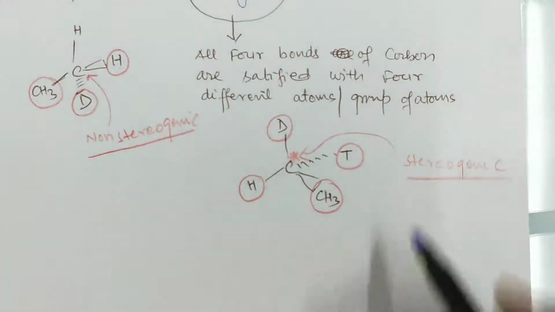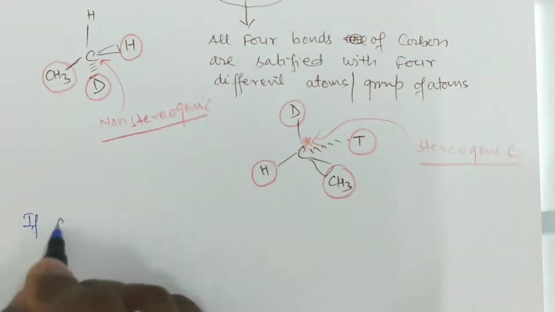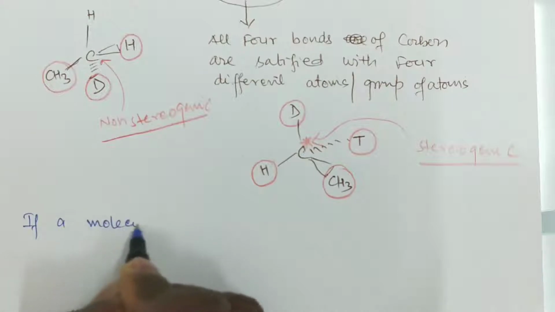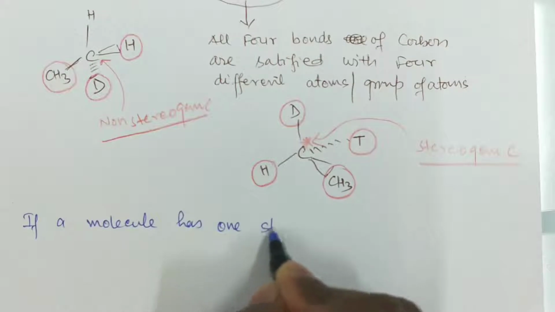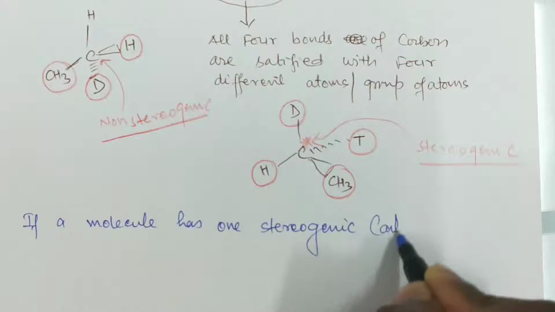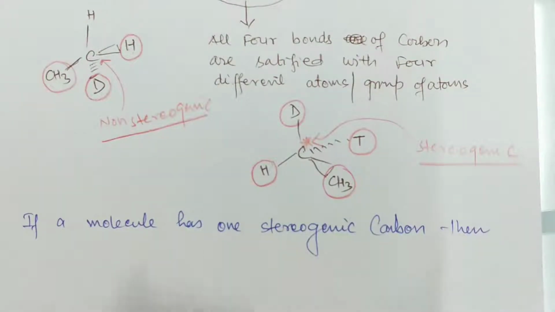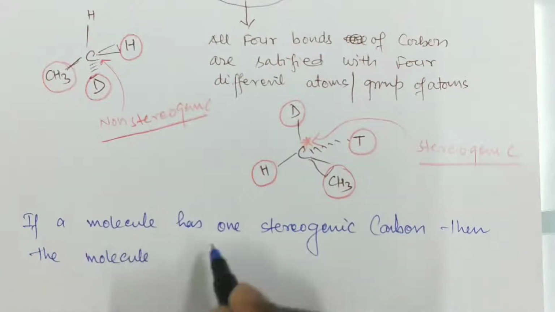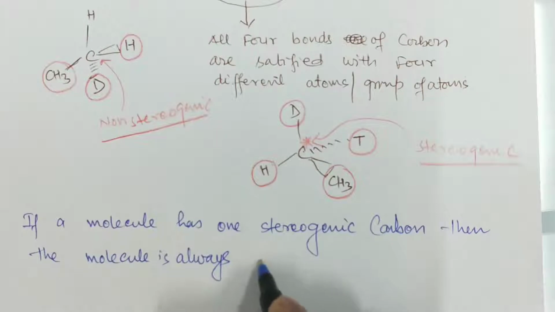And remember, if a molecule has one stereogenic carbon, then the molecule is always chiral.